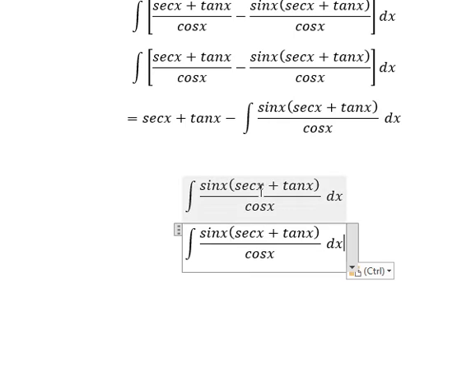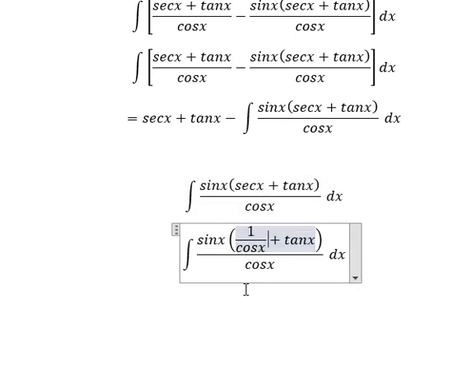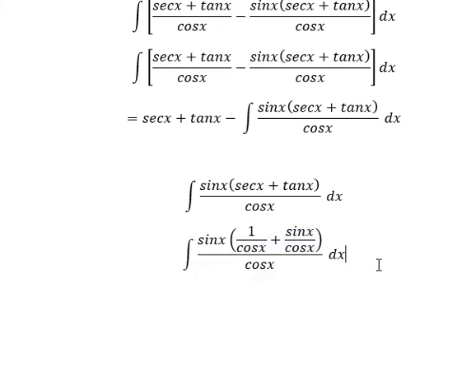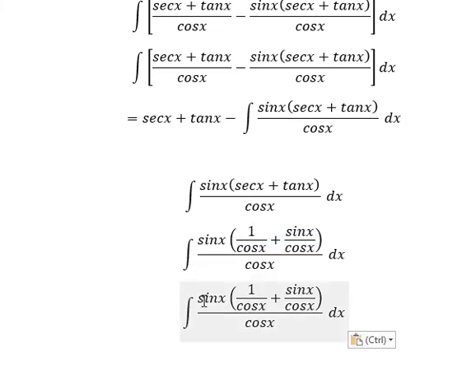So we know that secant of s is 1 over cosine s. Tan s is sine s over cosine s. So this one is sine s over cosine s multiplied by this one and this one.